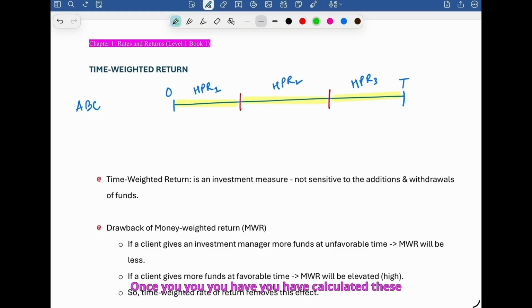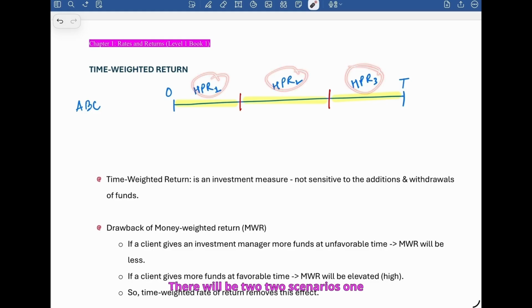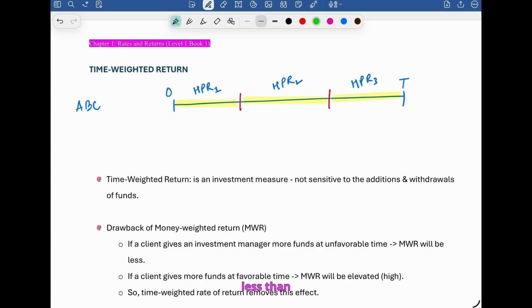Once you have calculated these, there will be two scenarios. One is if this entire time period is less than 1 year. If this is less than a year, then the time weighted return formula will be different.